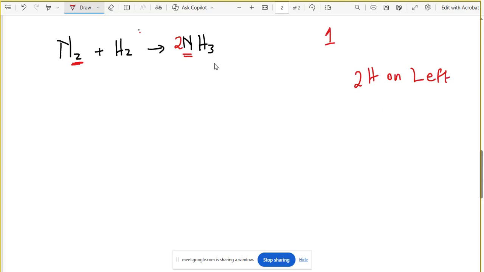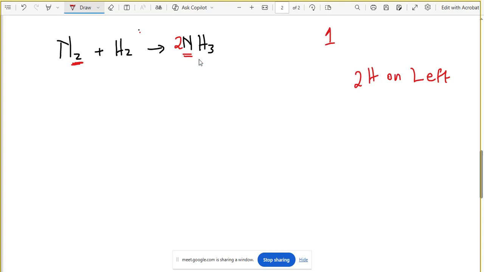I want you to tell me how many you have on the right. Three? Are you sure? For hydrogen. Sir, is that not three? Or am I doing something wrong?